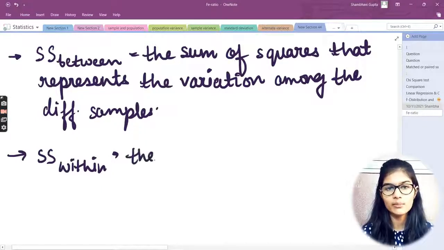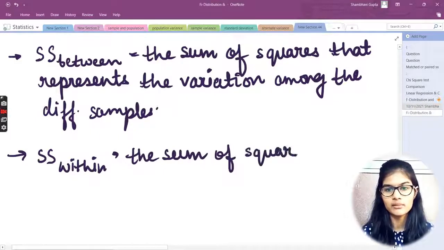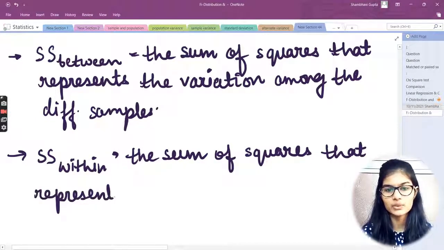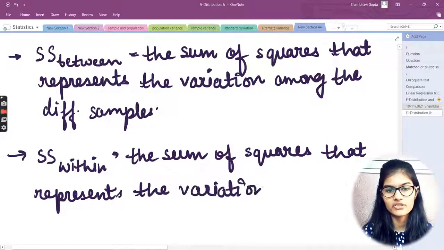So it was the sum of squares that represents the variation within the samples.